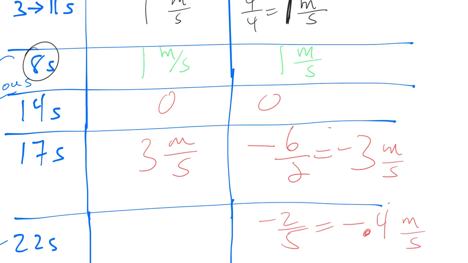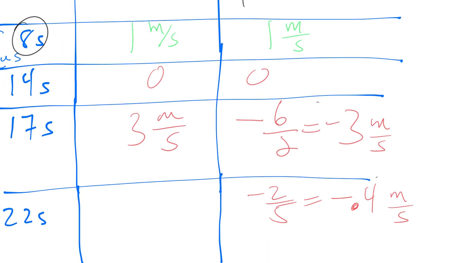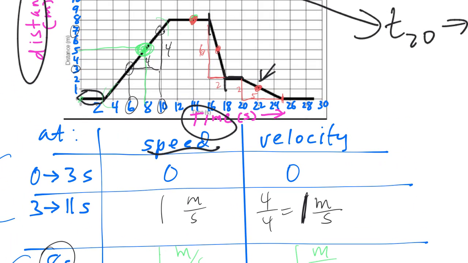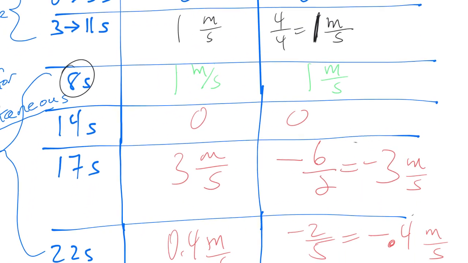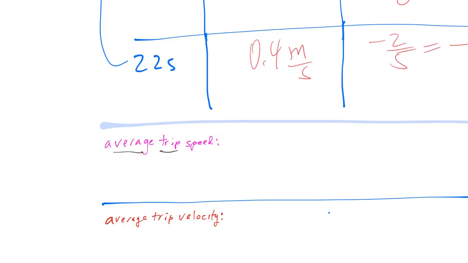Wait, 4/10 is 0.4. And so this would be 0.4 meters per second because it's the absolute value of velocity. Let me just double check that.